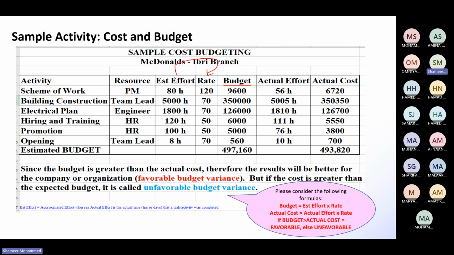So this and this, if you multiply, then you will get the budget. Similarly, actual cost: how will you get it? Actual effort into rate. This into this, if you multiply, then you will get the actual cost.